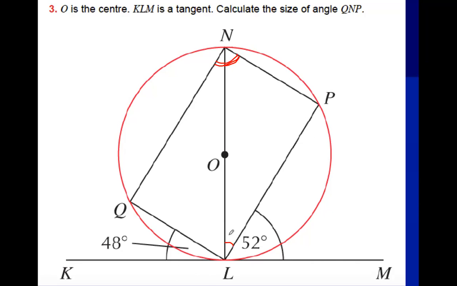So I know this is 38, so that would be the first angle that I would put, 38 there. So what else have I got? I've got 48 here, then I know what that is. That'd be 42 on the inside.